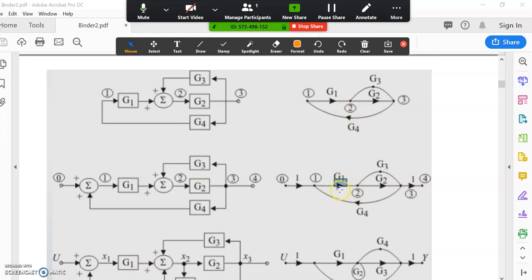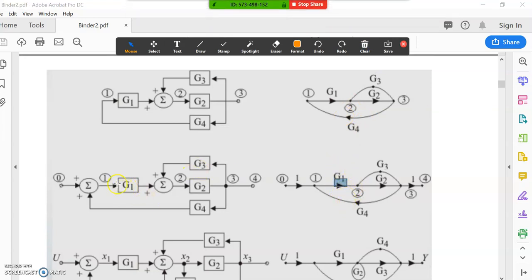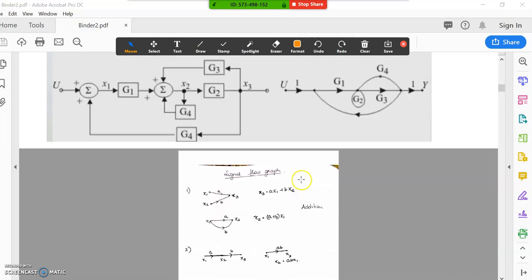Again from 2 to 3 there is a signal flowing, with the arrow facing 3, and the gain will be G2. As we discussed previously, it is going from 3 to 1, and the arrow will be towards 1 because the signal is going from 3 to 1.